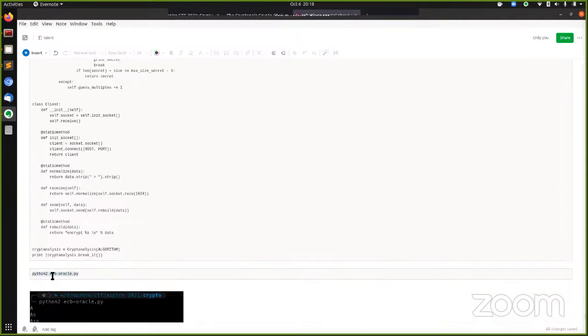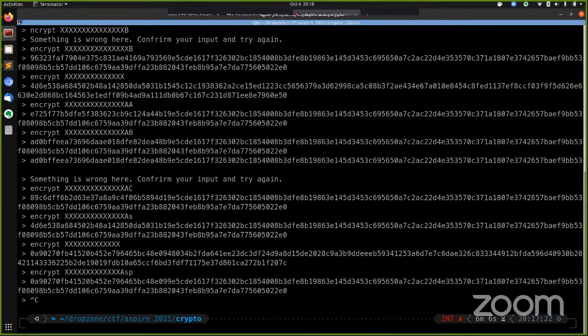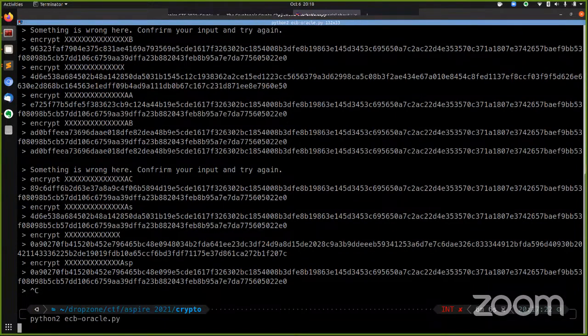So in this case, it's going to be pretty slow because it's going to be best guessing, going through this whole process for all possible 256 bytes until it identifies a character, then goes on to the next one. So let me run that.